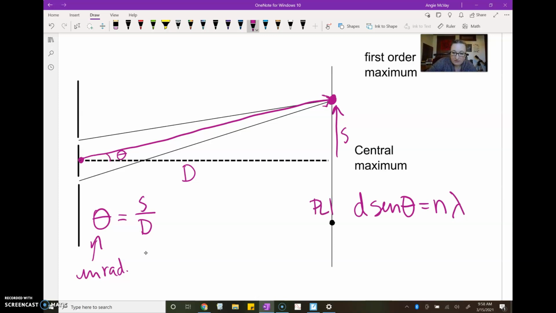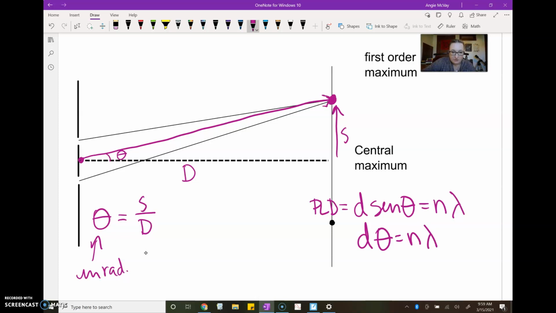Path length difference equals n lambda. And then again, using the small angle approximation, d theta equals n lambda, where n is a whole integer number of wavelengths.